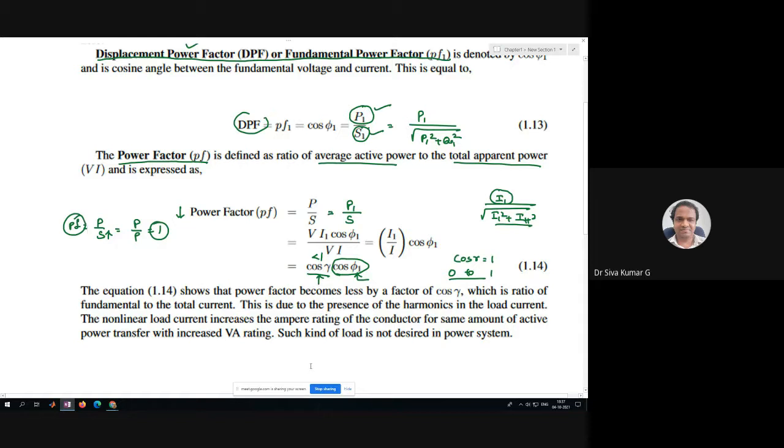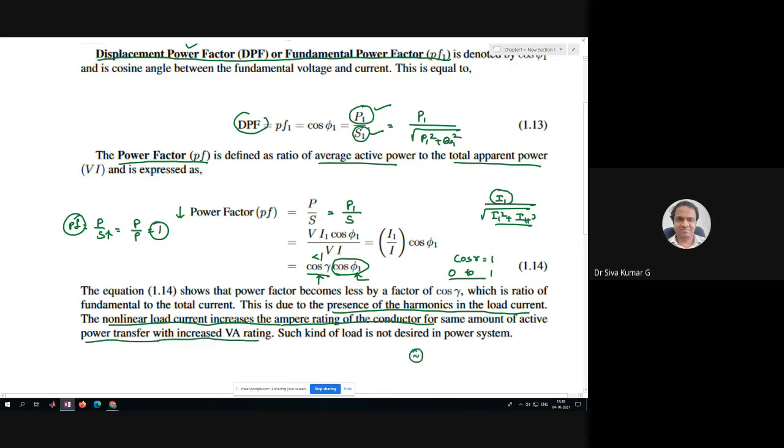And the power factor is low because of the presence of the harmonics in the load current. The nonlinear load current increases the ampere rating of the conductor, this is one of the important points, for the same amount of active power transfer with increased VA rating.